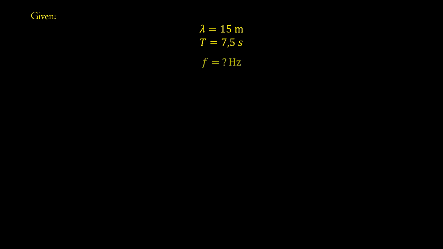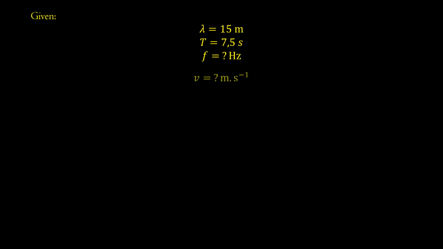What we don't know is the frequency f, which must be measured in hertz, but from the period T, we can determine the frequency. There's a relationship between the period and the frequency, and I'll show you just now.